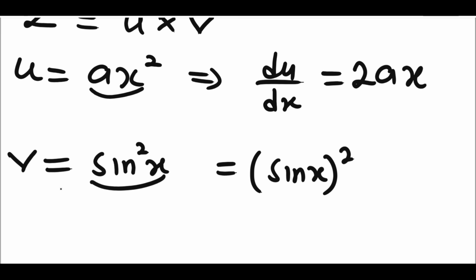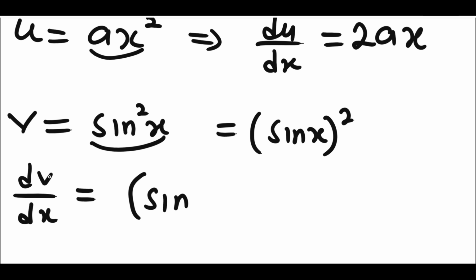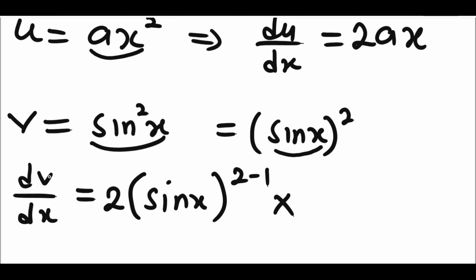So let us differentiate our v. Looking at this expression, you could see that you have to apply the chain rule because this is a composite function. So you maintain what we have in the bracket, sine x in the bracket. Then you bring down the power, which is 2, and the power is reduced by 1, multiplying the derivative of the expression in the bracket.